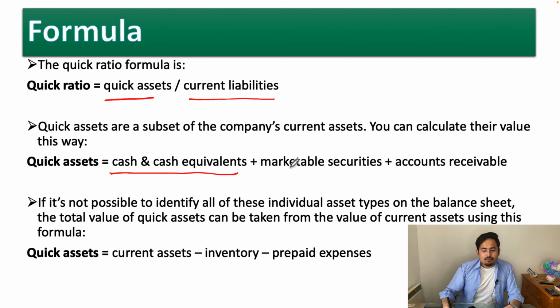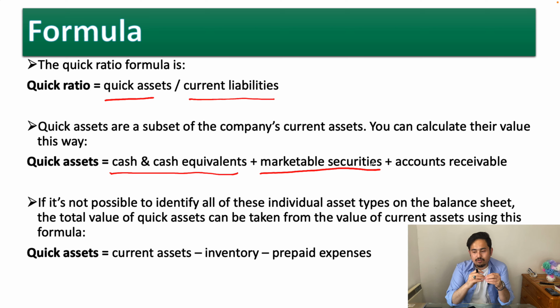Marketable securities depend on your position, your country, your location, the situation you are in, and the rules and regulations in your country, so it is different also. Certain bonds, treasury bills, certain stocks or other investments, CDs and some things that the company invested in and that are easily convertible back to cash come under marketable securities.